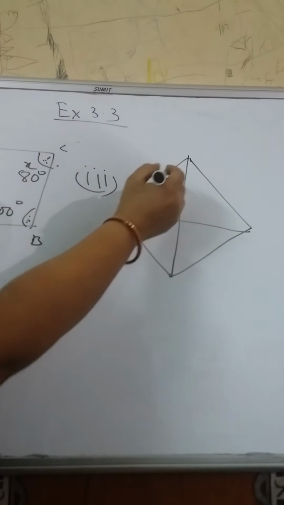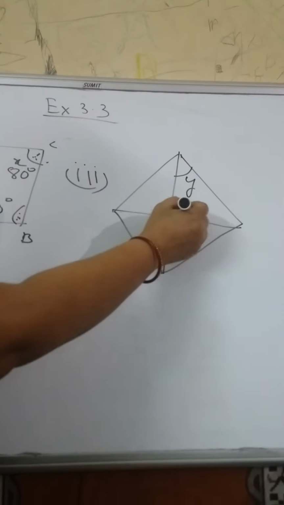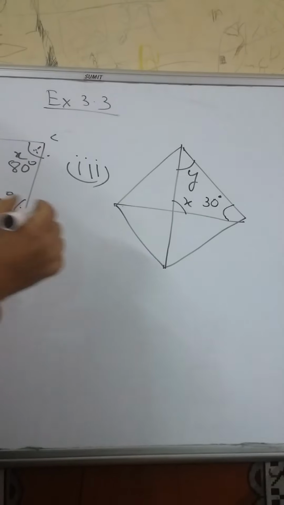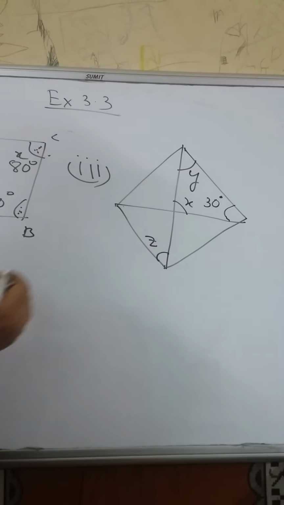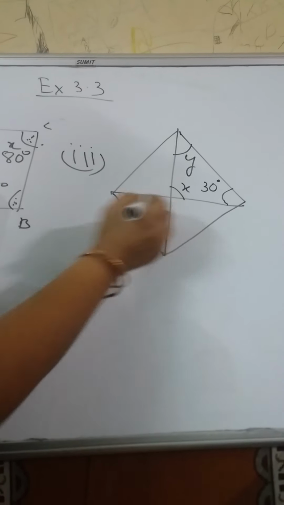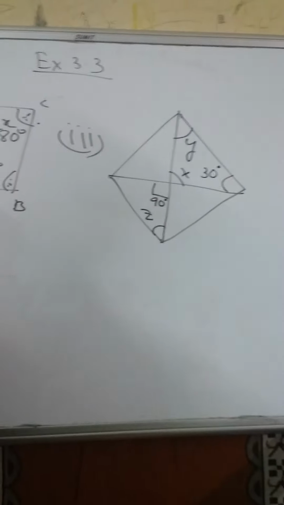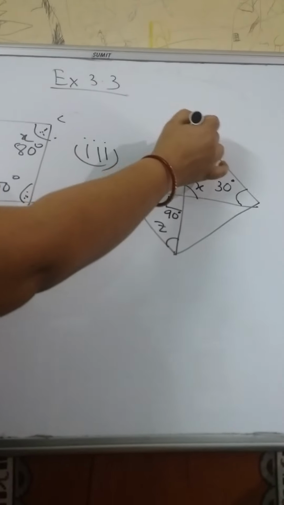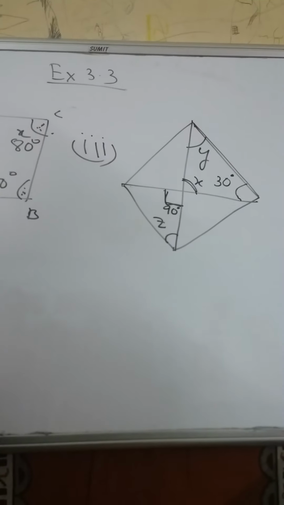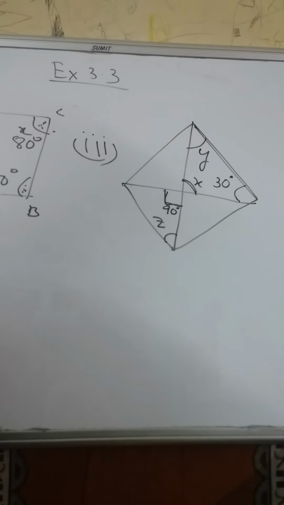This is y, this is x, this is 30 degrees, and this is z, this is 90 degrees. Now, this angle and this angle are opposite angles. Opposite angles are equal in measure, that we all know.